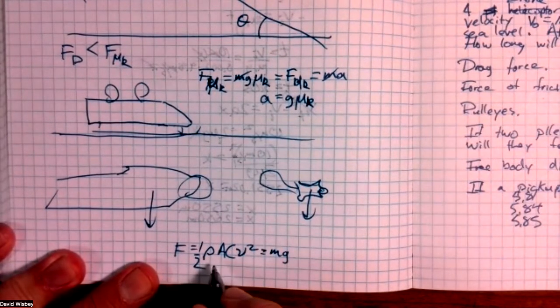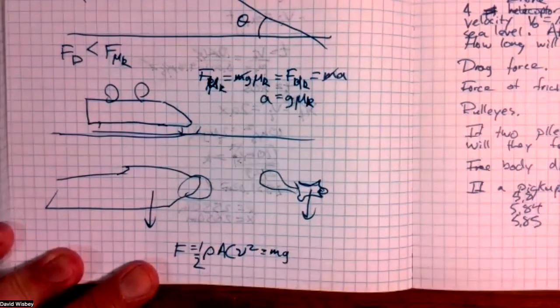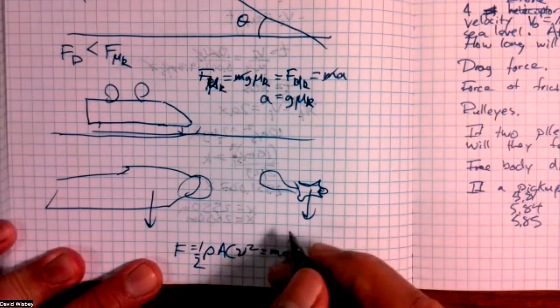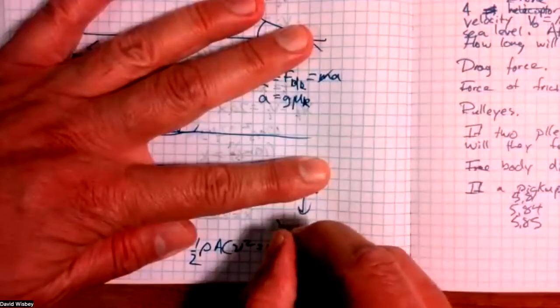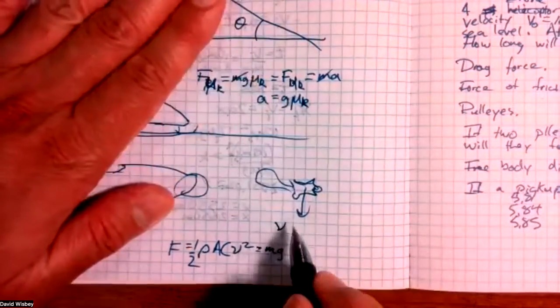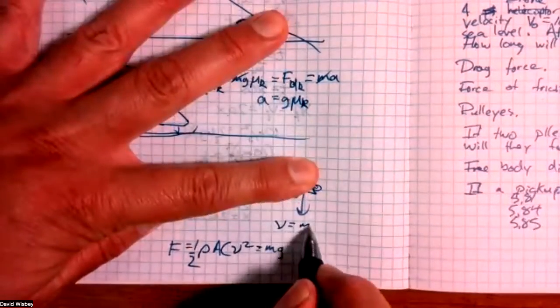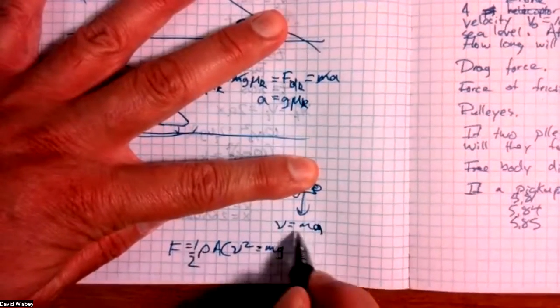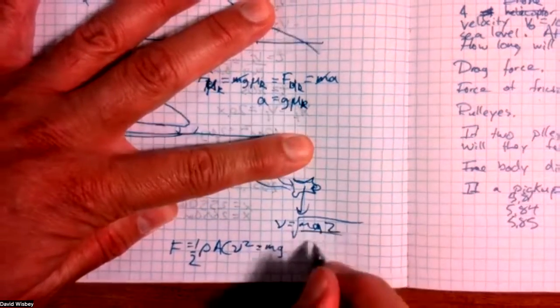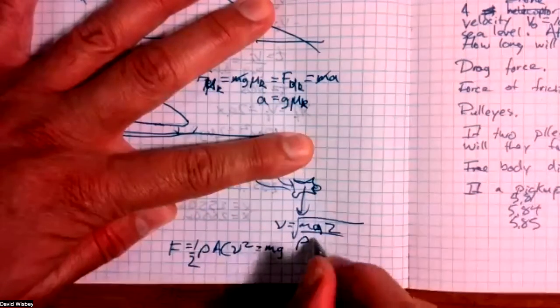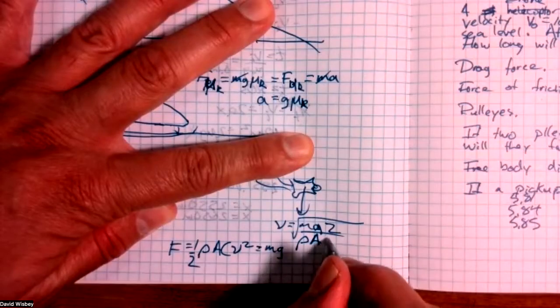When the force of gravity equals the force of drag, that's when we hit the terminal velocity. And so the terminal velocity v will equal the square root of 2mg divided by rho times AC.